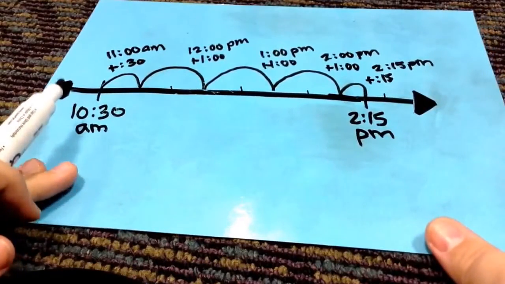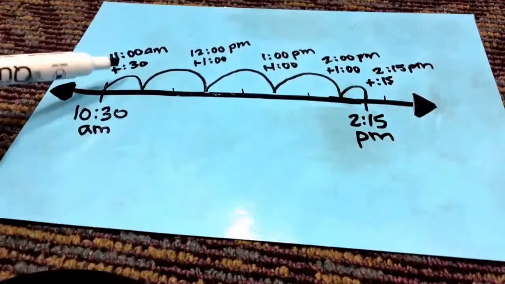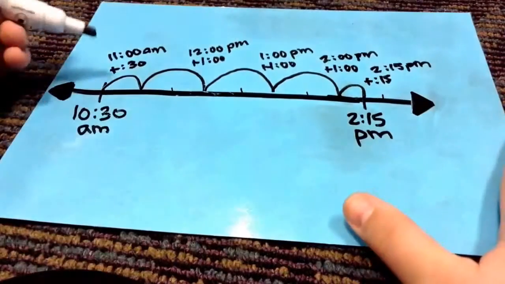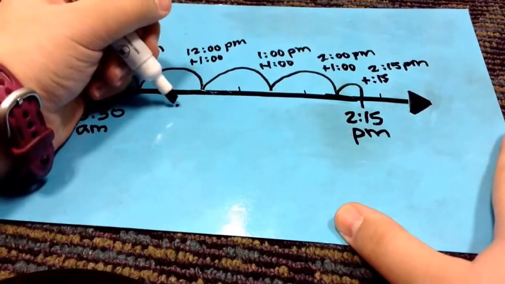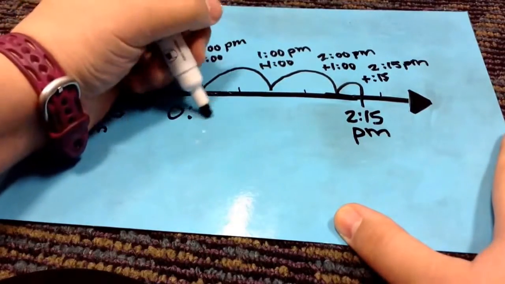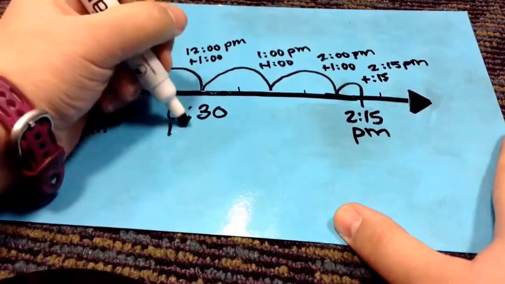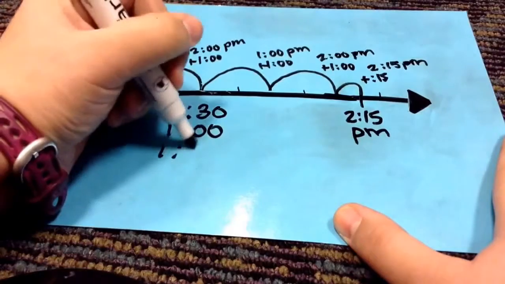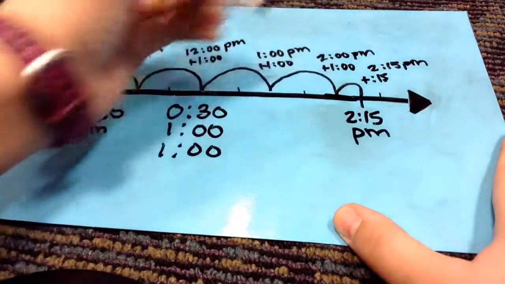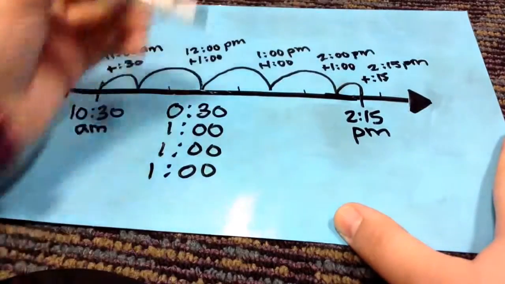Alright, so now to figure out how much time actually has elapsed from 10:30 to 2:15, we need to add up these numbers. So first, to get from 10:30 to 11, we had 30 minutes. And then to get to the next, we had an hour. We jumped another hour. We jumped another hour. And finally, we did a small 15-minute jump.